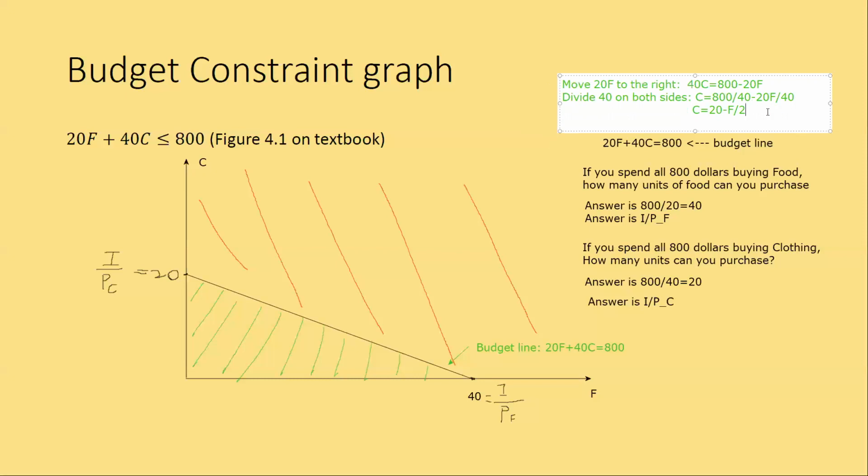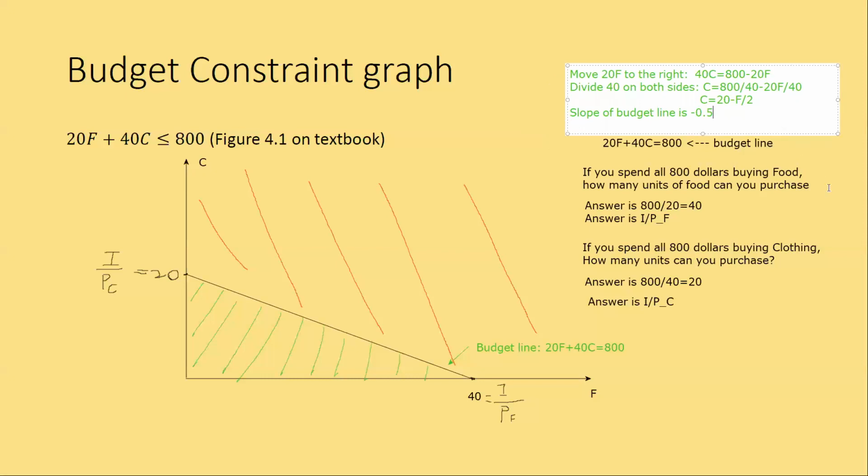So the slope of this budget line is negative 0.5 or negative half. Let me use a different color. So the slope is negative half of our budget line.